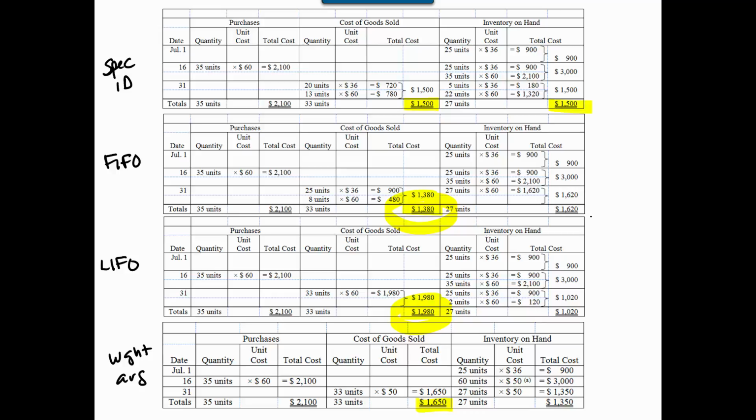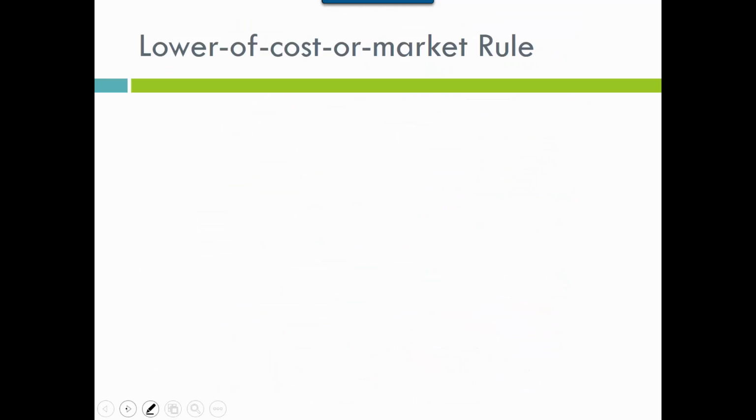Inventory on hand, 1,500, 1,620, oops, I don't know why I didn't put that down there, down to 1,020, so 1,000 for LIFO, and in the middle there again for weighted average. And so again, I've got this $600 difference between the two, which is the same as the difference in the cost of goods sold. So the more inventory you have, and the bigger the difference in the cost, the more dramatic a difference you're going to see depending on which method you use.